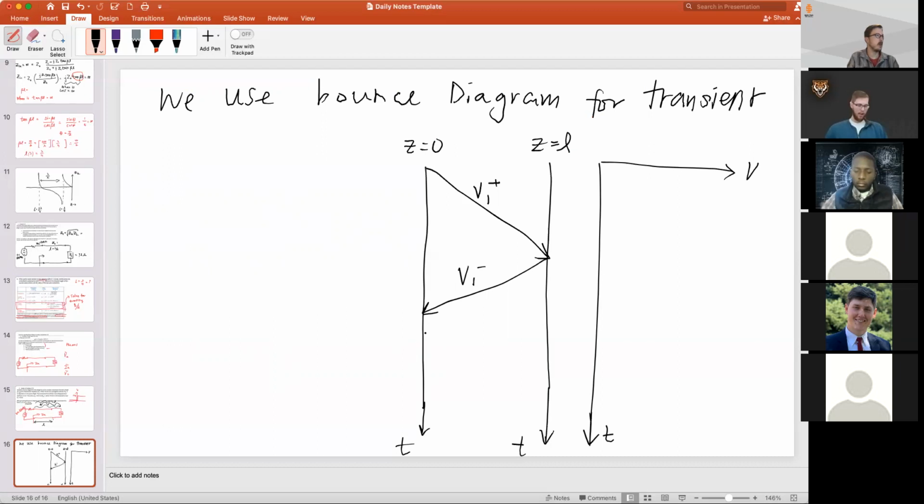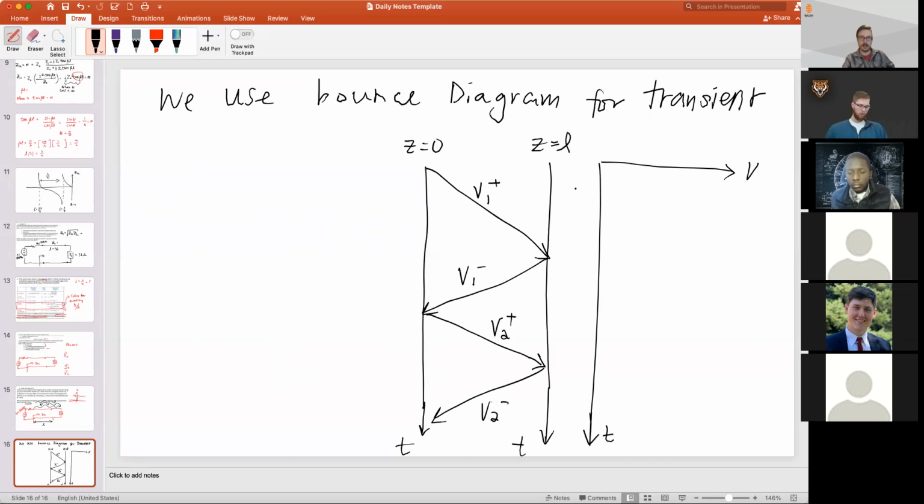We'll call this V1 minus. Then it's going to bounce again in the plus direction, and so on and so forth until we reach an equilibrium.